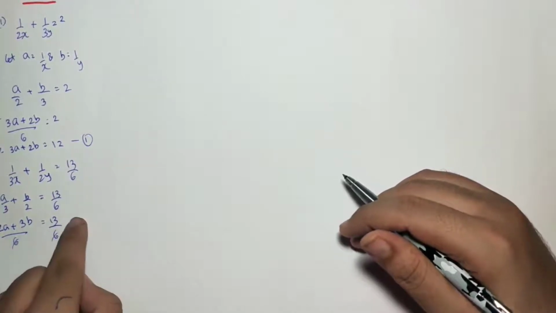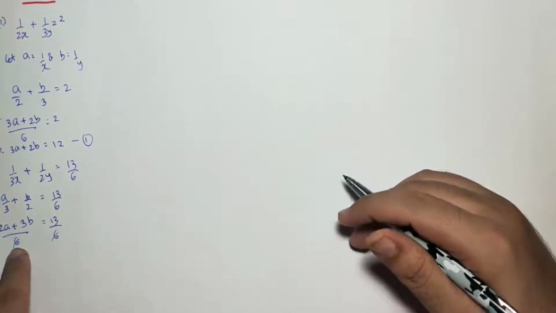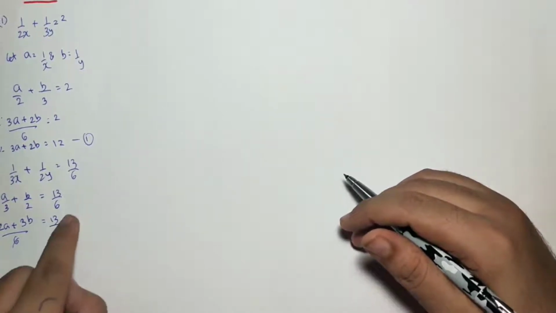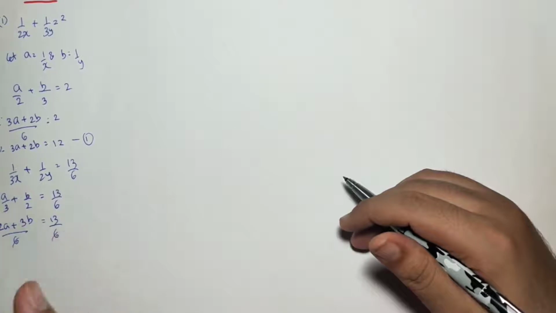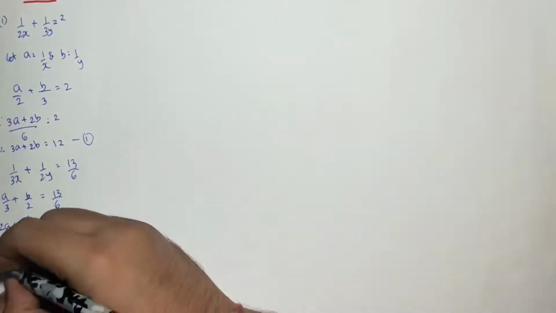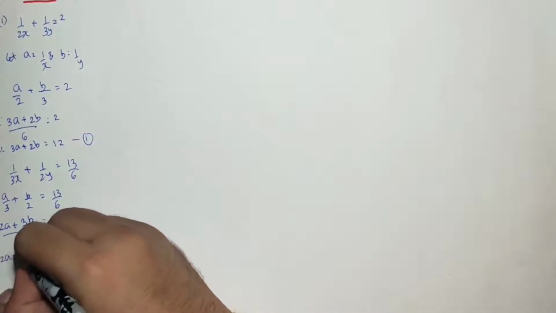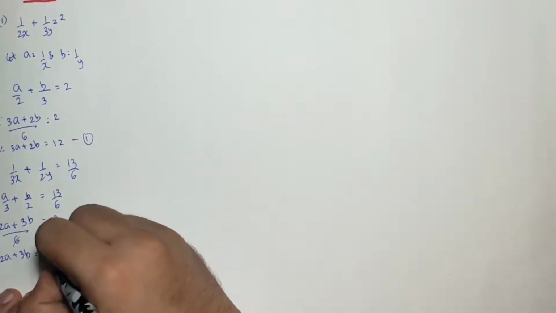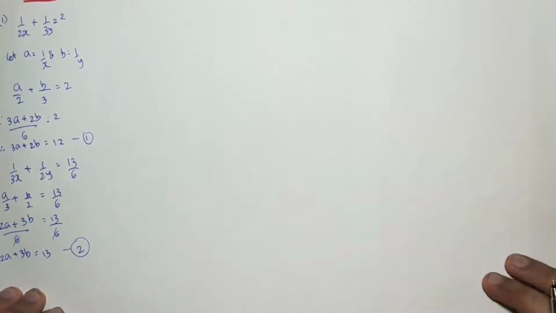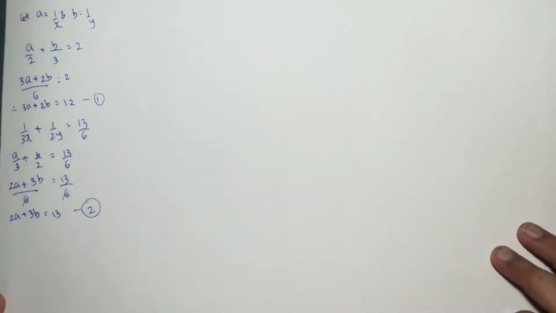Take 6 to the right hand side. Here 6 was getting divided, on this side it will get multiplied. Then 6 and 6 in the numerator and denominator will get easily cancelled out. You can do that sum also. So your second equation becomes 2a plus 3b equals to 13.